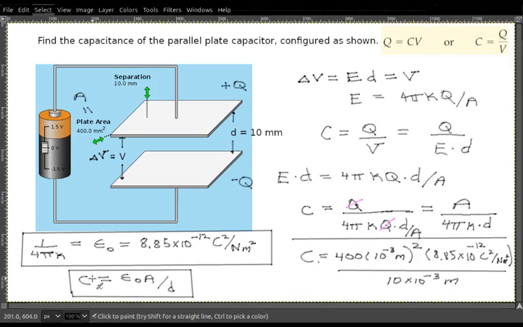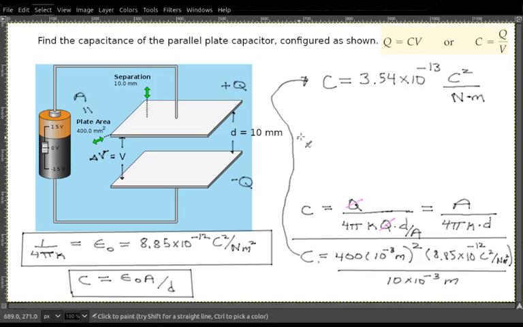So the capacitance can be more simply written in terms of this permittivity of free space constant as epsilon 0 A divided by D. Then putting in the numbers for our particular case, we got 400 times, I wrote millimeter squared as 10 to the minus 3 meters squared. Then our constant divided by the plate separation, 10 millimeters. And now our job is going to be to work out this mess right here.